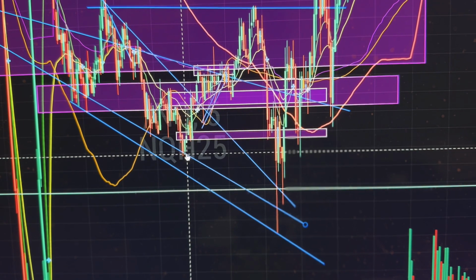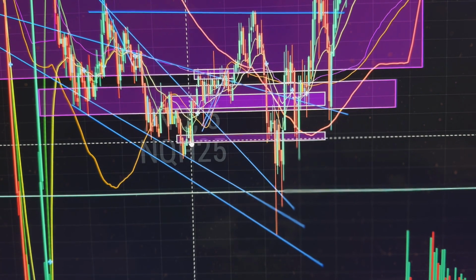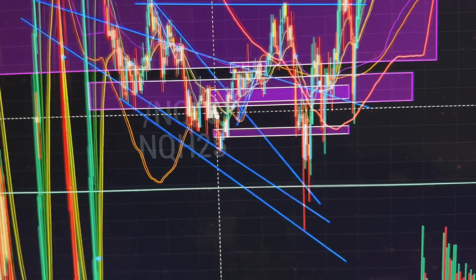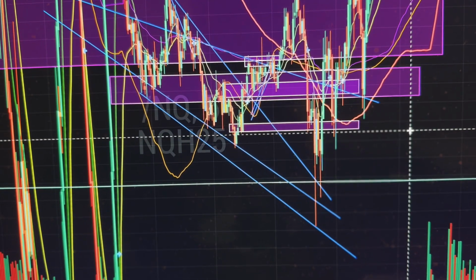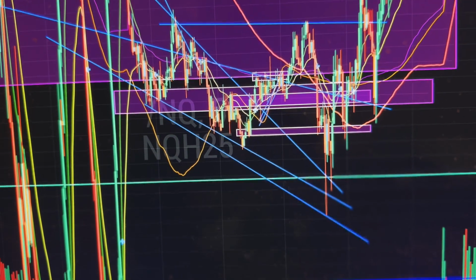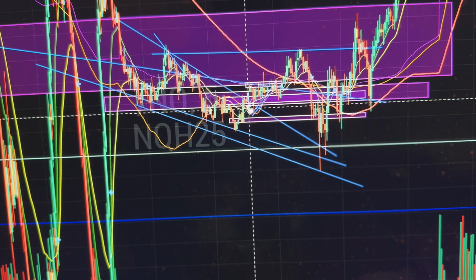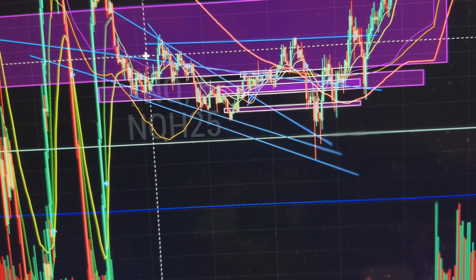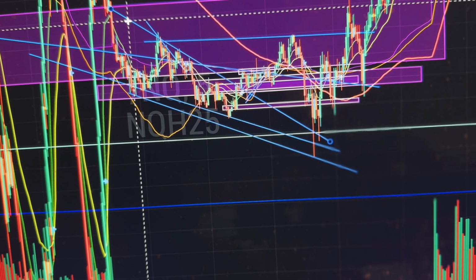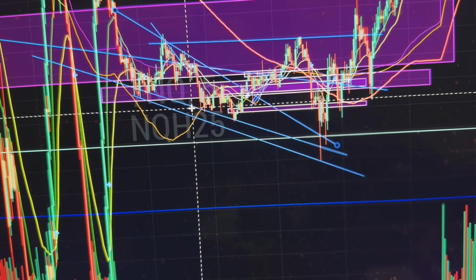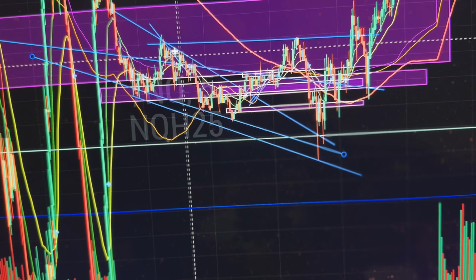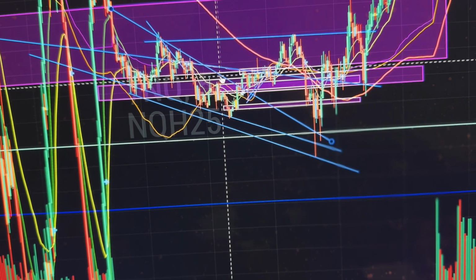I thought maybe we get this bounce off of this trend line and maybe this will break out of that bull flag that I had drawn, right? If y'all can notice, the bull flag is this line right there and this line. That's what I consider my bull flag.